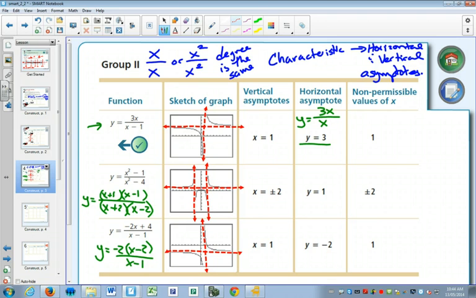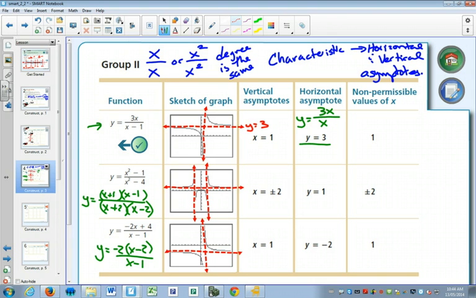In fact, if you look back at your original equation here, if this is a million, I'm going to have 3 million over almost a million, which will be really close to 3. And if it was a billion, you'd have 3 billion over almost a billion, which would basically be 3, but not quite. And so that's why we have an asymptote at y equals 3, because it's going to keep getting closer and closer to it, but never equal it perfectly.